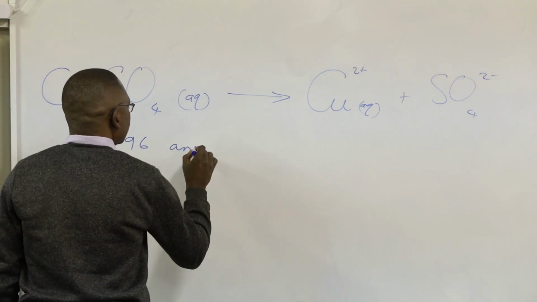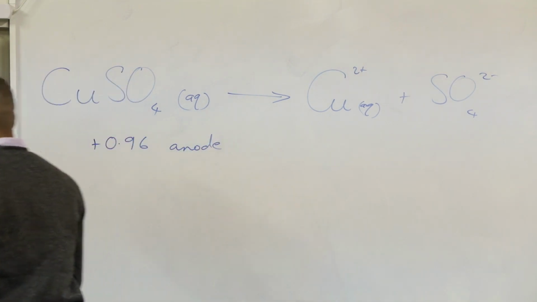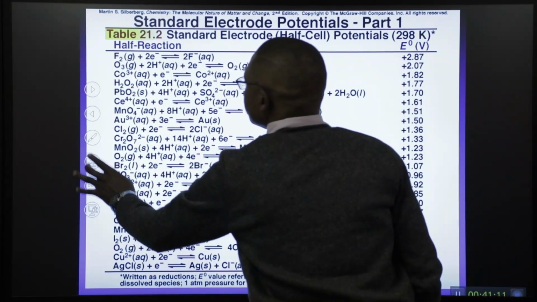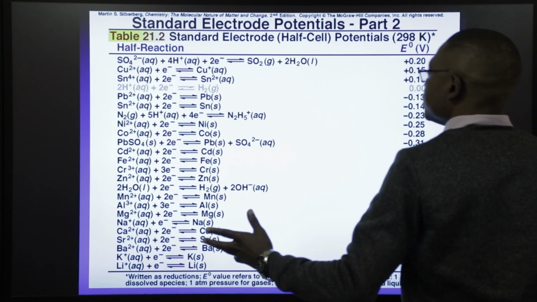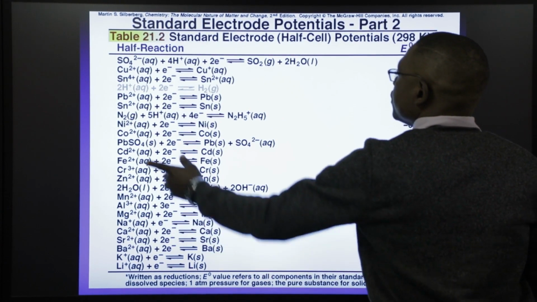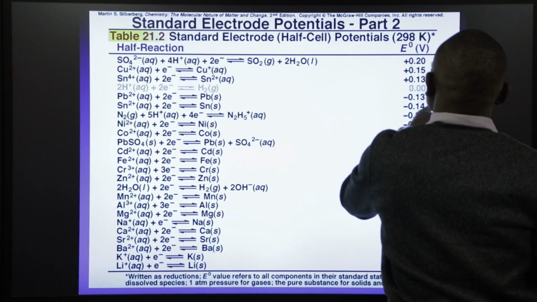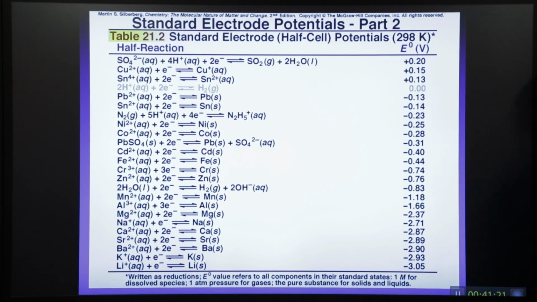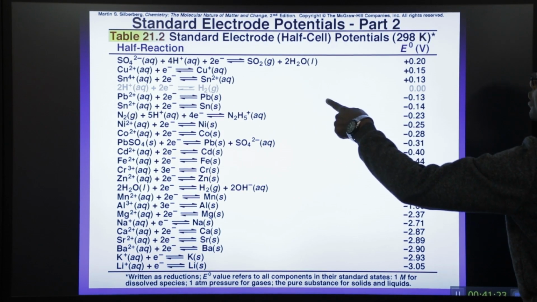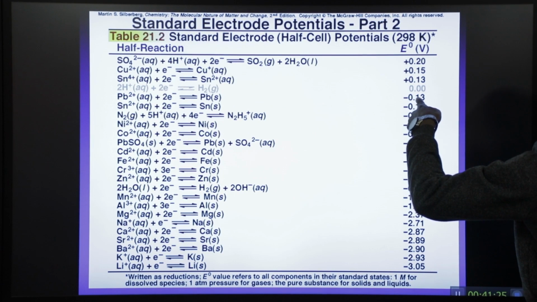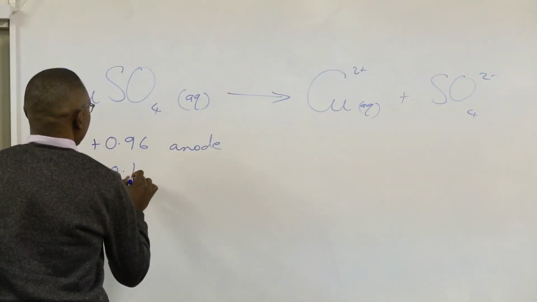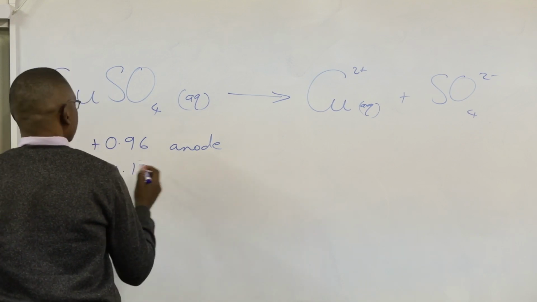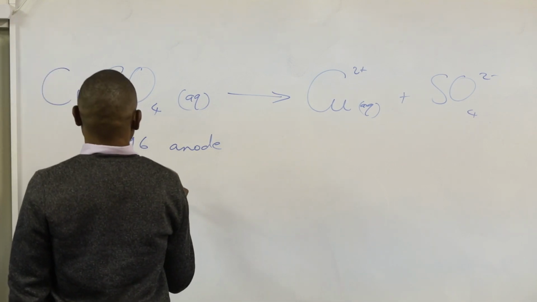So it's going to be your anode. And then you use lead as your cathode. And lead here is minus 0.13.